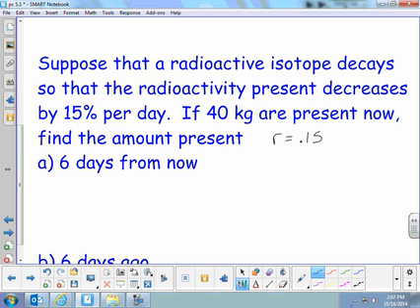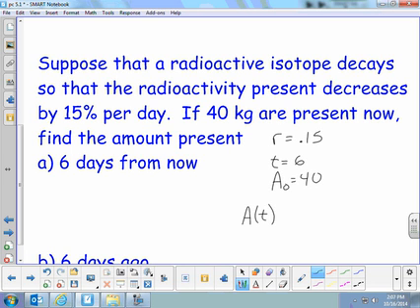If 40 kilograms are present now, so that's my starting point, find the amount present 6 days from now. Well, t would be 6. And my initial amount was 40. So I want to go ahead and figure out my ending amount.